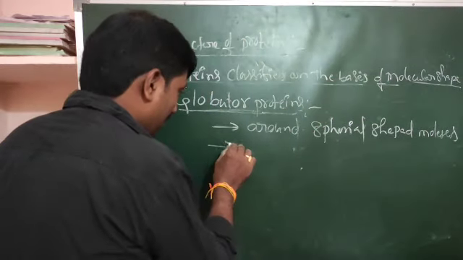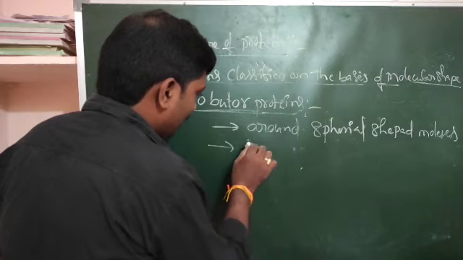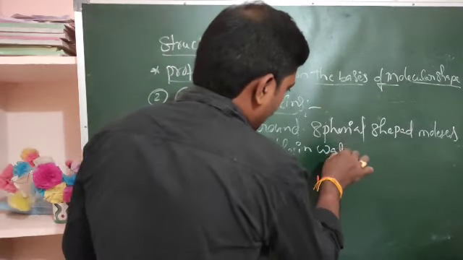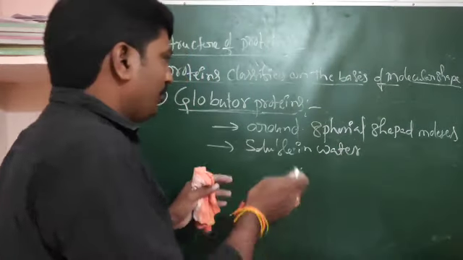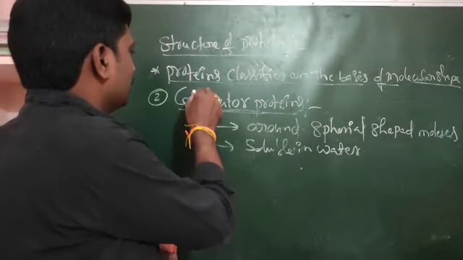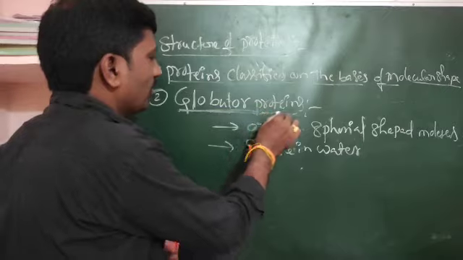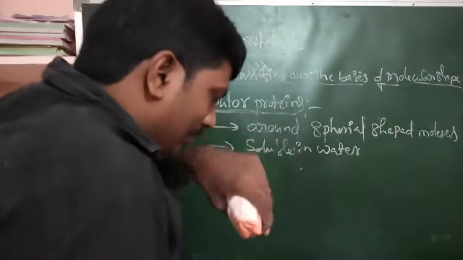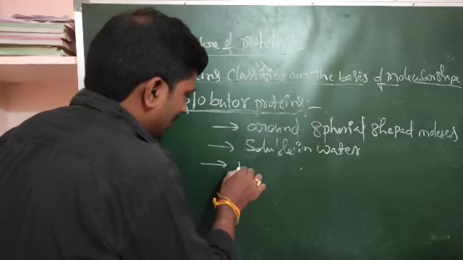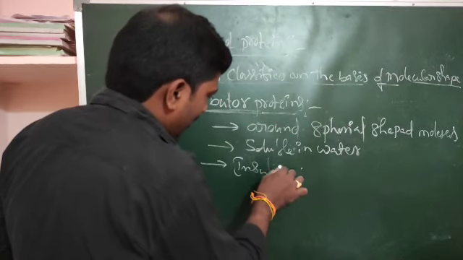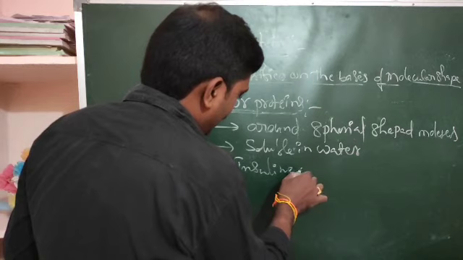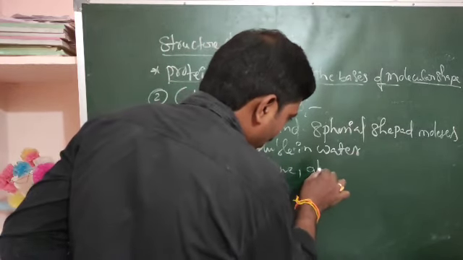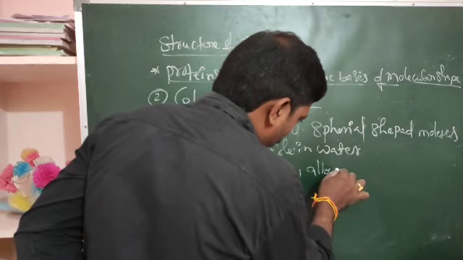It is soluble in water. It is a soluble compound, whereas the previous one, fibrous protein, is insoluble in water. Next, the best examples are insulin and albumin.